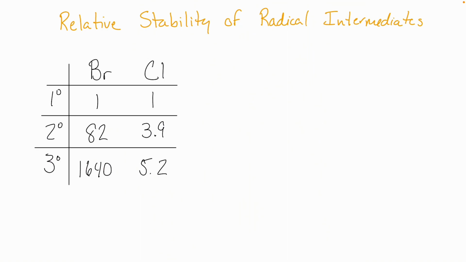For bromine, the secondary radical is 82 times more stable, and the tertiary radical is 1640 times more stable. So we say that bromine is more selective, and we'll prove this using these numbers.